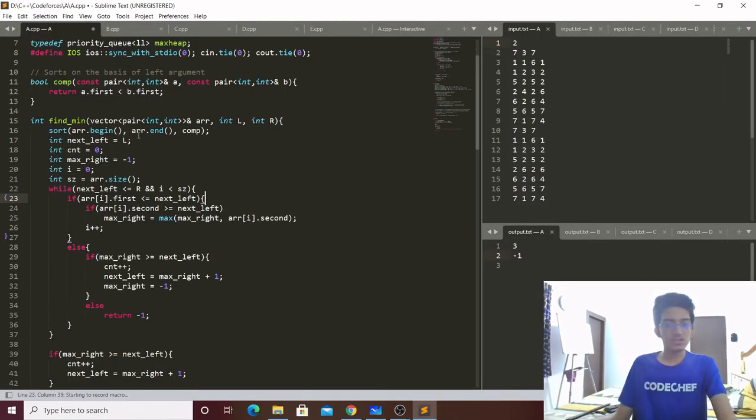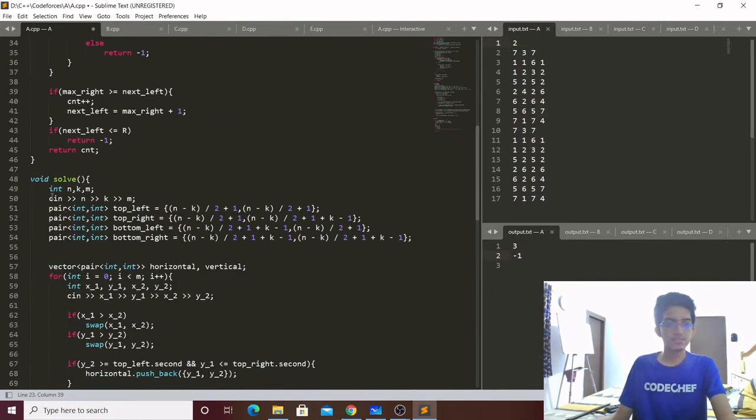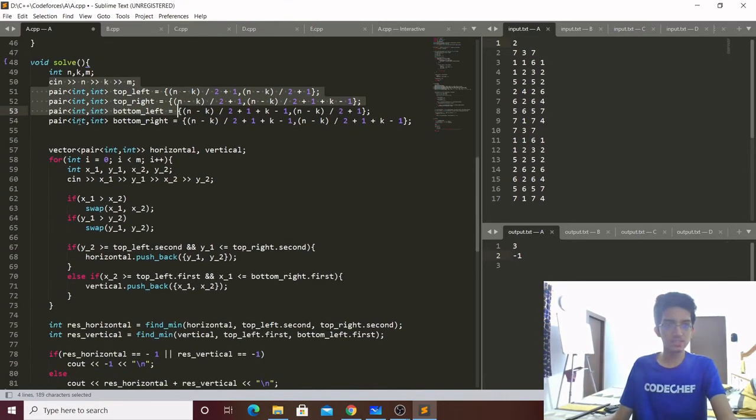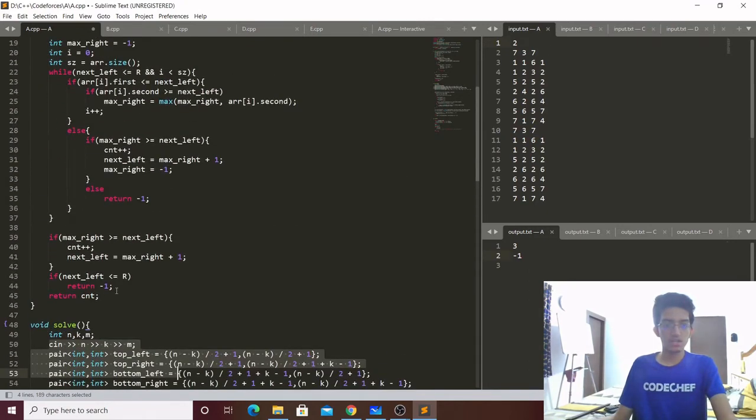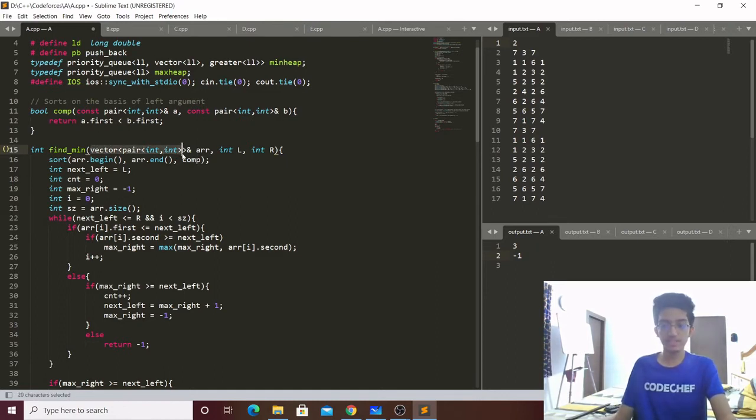Let's look at the code to understand how we are going to find if the blue segment superimposes or basically covers the red segment or not. Let's try to understand this code first. So this vector of pair of int comma int is basically the blue segment, or the coordinates.